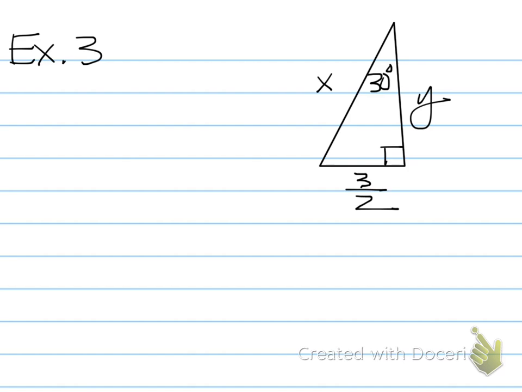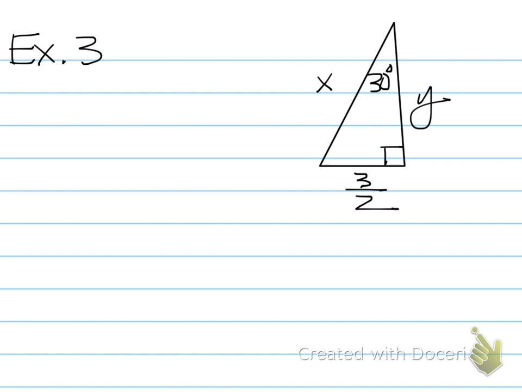And this 30, 60, 90 triangle, I know that this is a 30, 60, 90 triangle because it's a right triangle and one of the angle measures is 30. That means the other angle measure has to be 60. And they give us the measure of the short leg, which in the expression on the first slide is x.